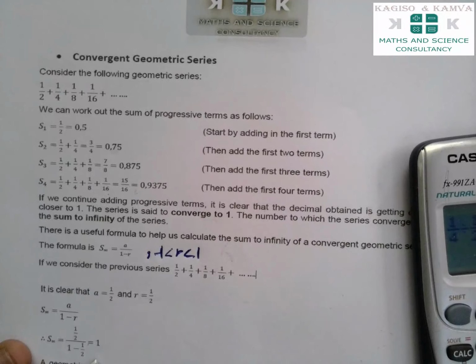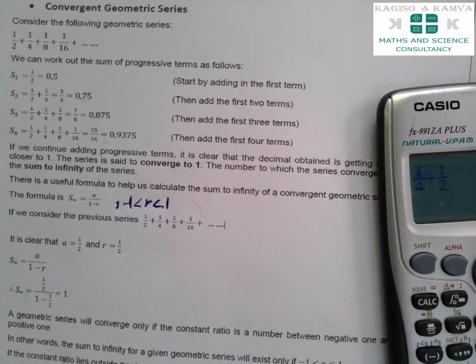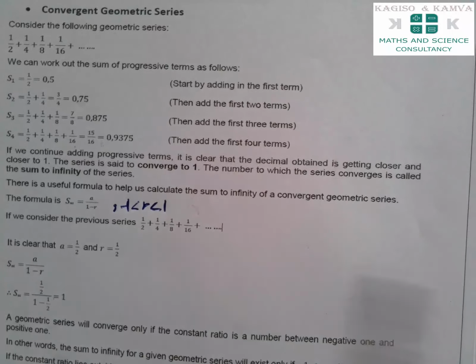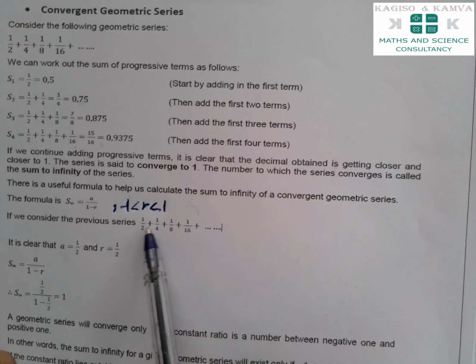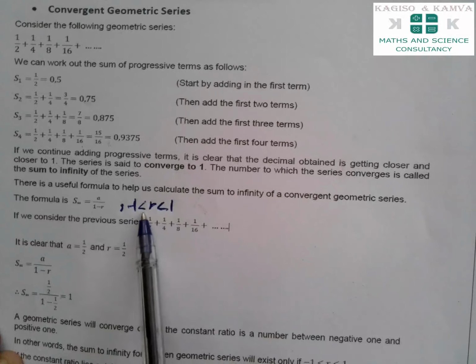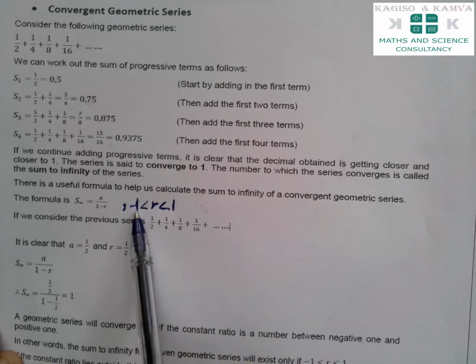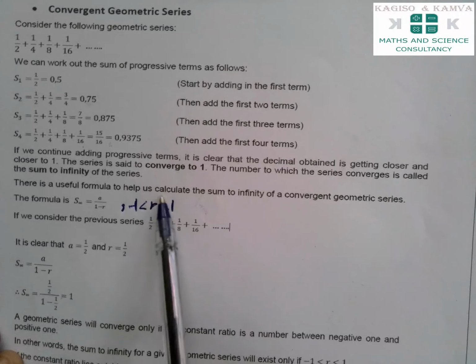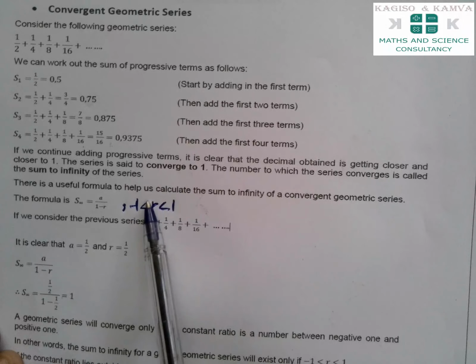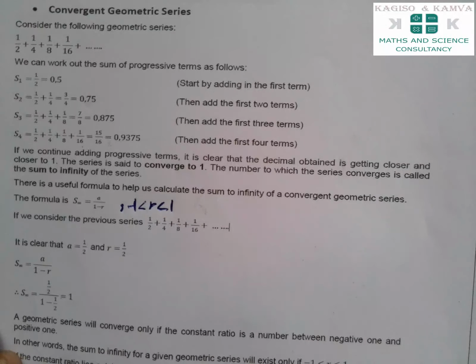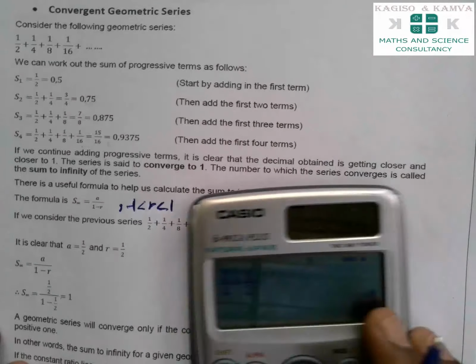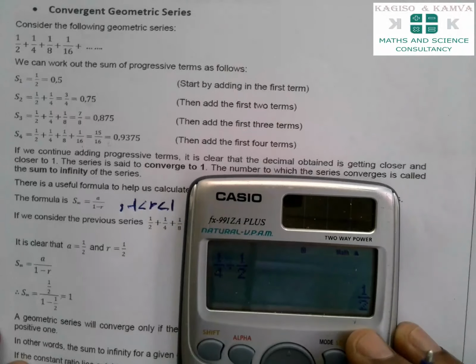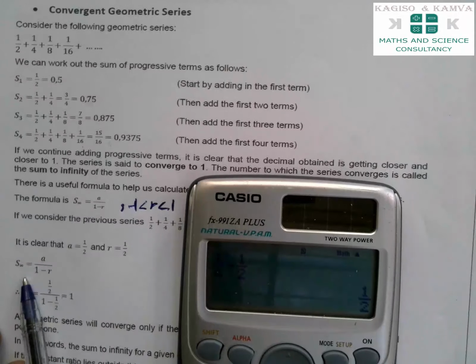When a series is said to converge, we know that the constant ratio must be between -1 and 1. Once the ratio is outside this restriction, our series is going to be divergent. It's not going to converge, and we're not going to have a sum to infinity.